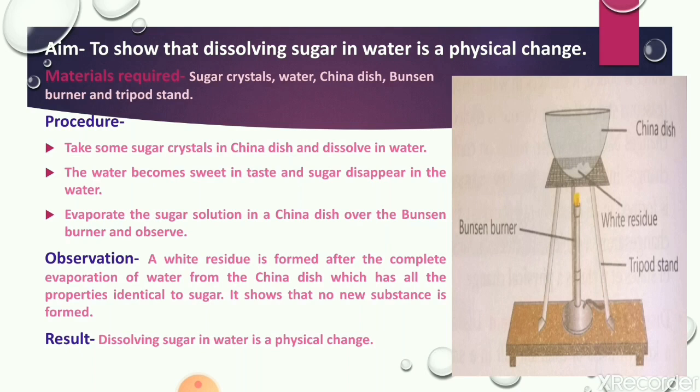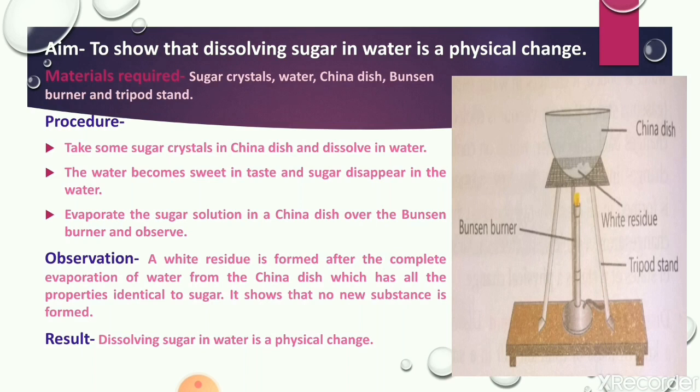First of all, we can see the sugar in solid form, and now we cannot see the sugar, but we can feel it, we can taste it, because the water becomes sweet. It means just the state of sugar has changed. Now we will evaporate the sugar solution in a china dish over the bunsen burner.